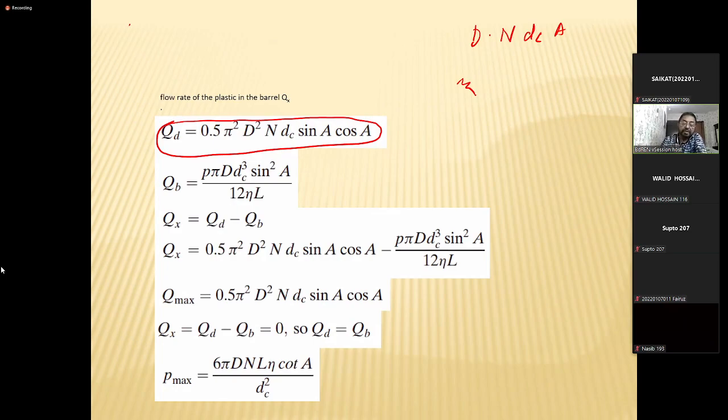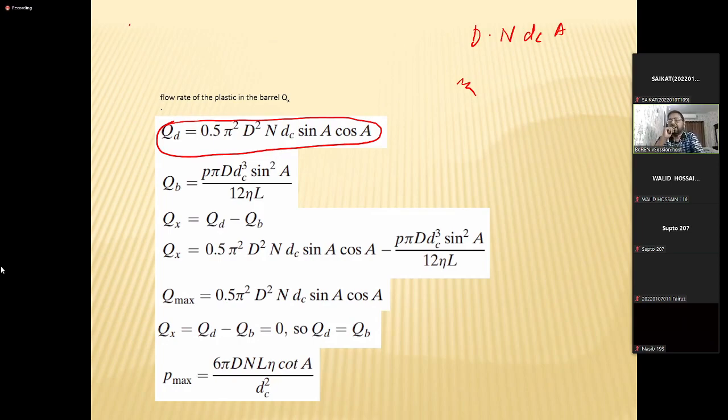Then I already told you that this flow is when there is no die. That means it is the maximum flow, with no restriction. But when we place the die, what will happen? There will be some restriction on the way, because energy is needed to pass the material through the die.